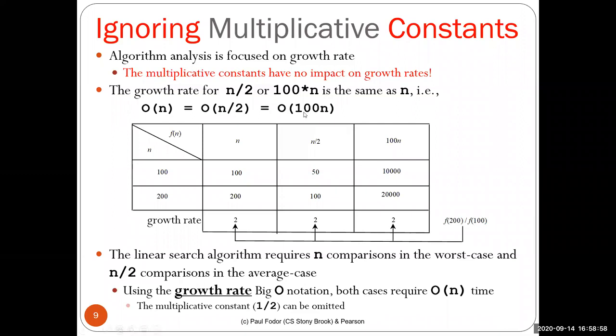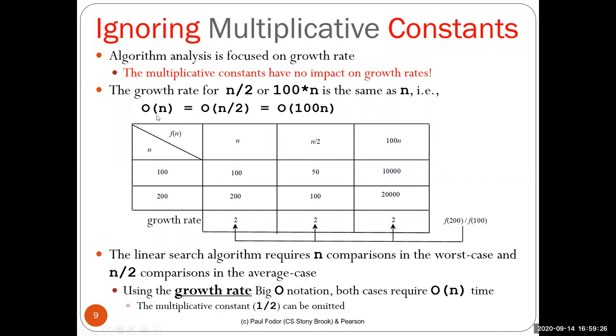It also tells us that the speed at which this algorithm executes is not dependent on that multiplicative constant. Basically, it's only dependent on the most important variable, which is the size of the input.